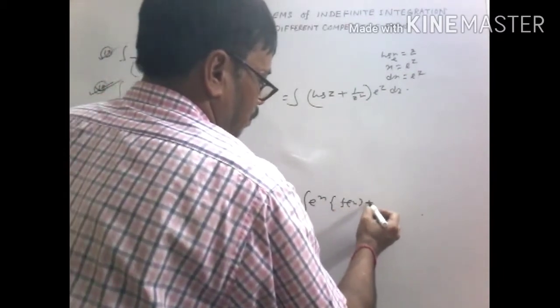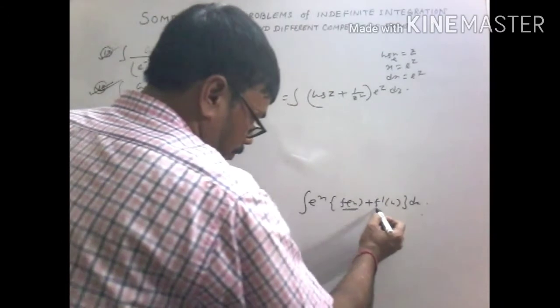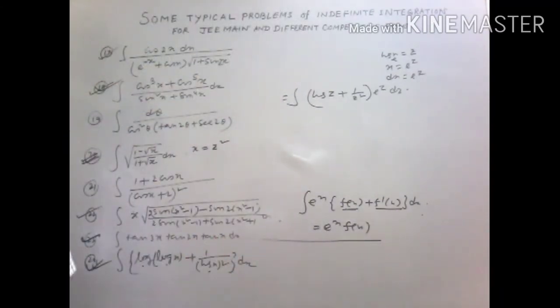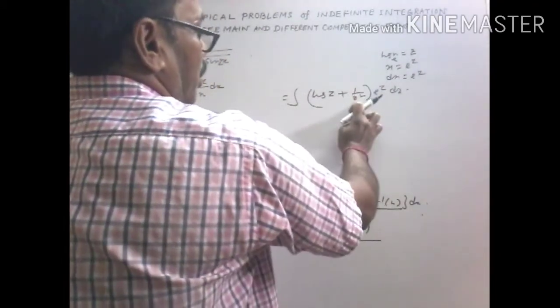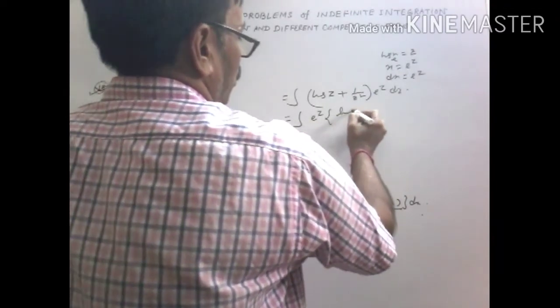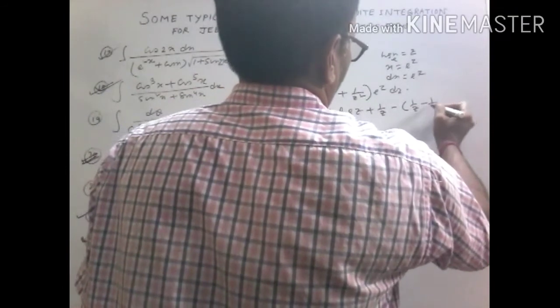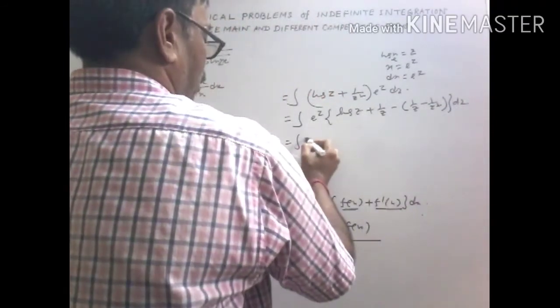Now we know this integration: e to the power x into f x plus f dash x, dx. If we take the derivative of this, then the integral is e to the power x into f x. This is our working formula. Now the derivative of log z is 1 by z, but here 1 by z is not given, so we take 1 by z extra. Then 1 by z balances this dz.